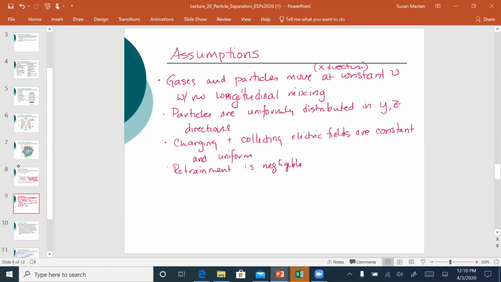So once particles attach to that collecting plate, that's where they stay. They're collected. Now, the Deutsch-Anderson equation is derived from a mass balance, and it's actually based on Stokes' law, so it's accurate for smooth spherical particles.